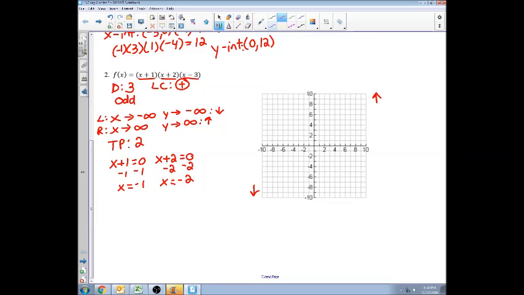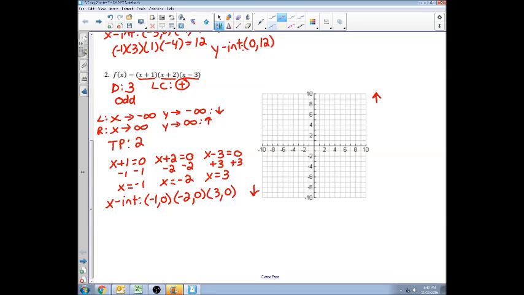And x minus 3, set that equal to 0. Add 3 to both sides, so x would equal positive 3. Now those are not my x-intercepts, but those will get me to my x-intercepts. Let's go ahead and make our x-intercepts be negative 1, 0, negative 2, 0, and 3, 0.